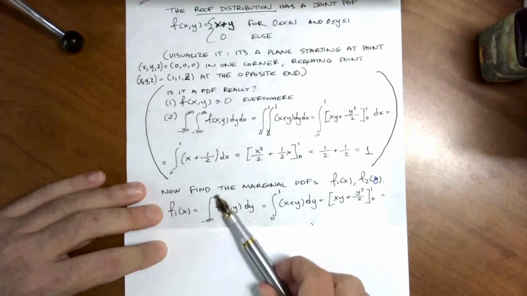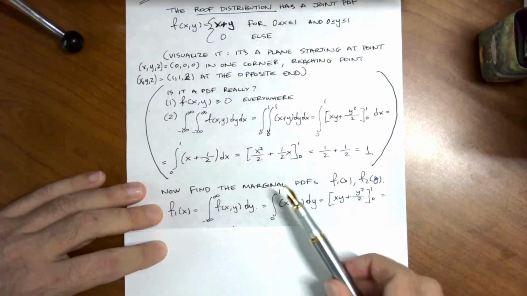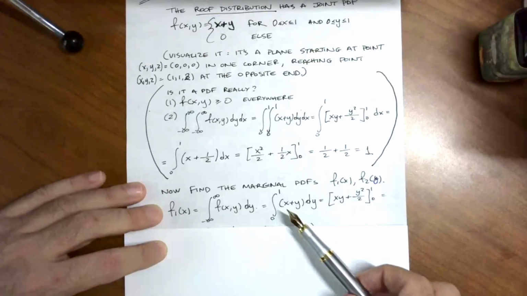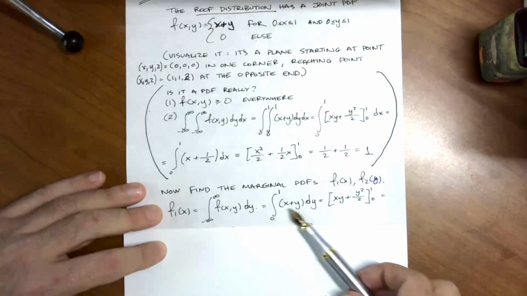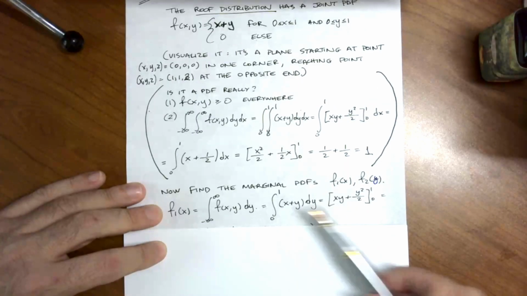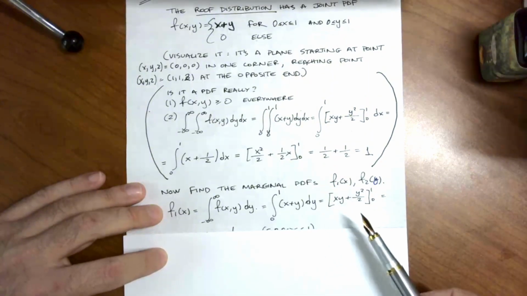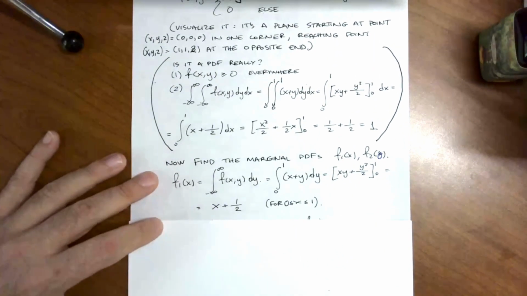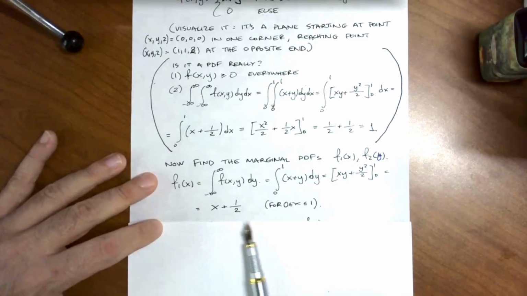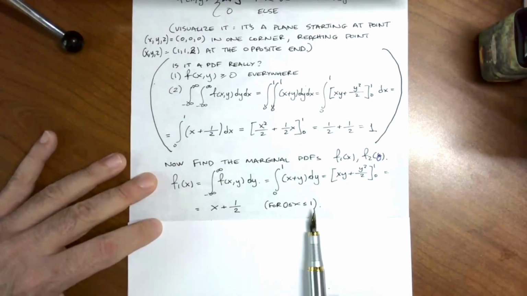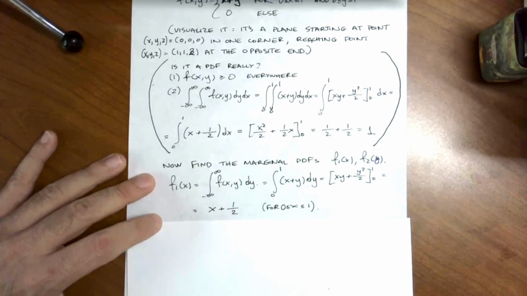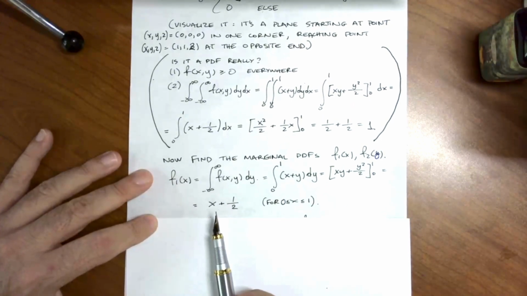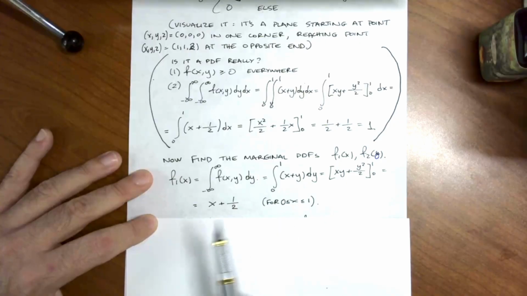We adjust our endpoints for the integral to reflect the domain of y, and we plug in the joint PDF over here, and we calculate this integral in a similar fashion that we did before. That also gets us to an expression of x plus 1/2, and that applies for the range of x's between 0 and 1. So this is simply the marginal of x in the continuous case.